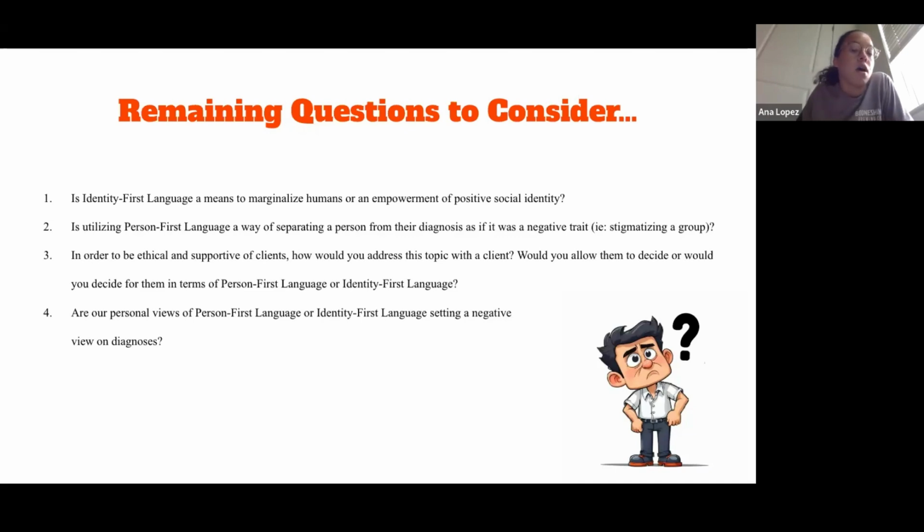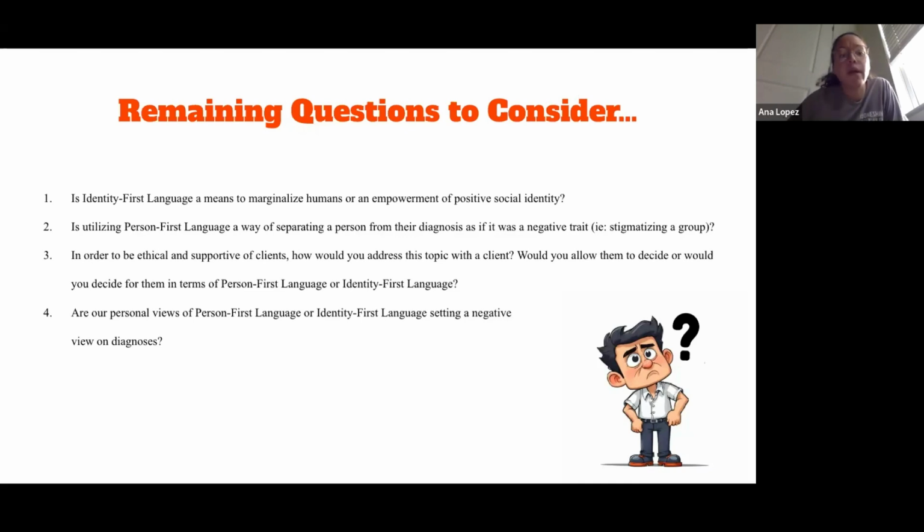Whereas I feel like autism, being more of a neurodivergent term, affects an individual and their, I guess, their being more so than a fully physical disability would. So I guess it also depends on what the disability is.